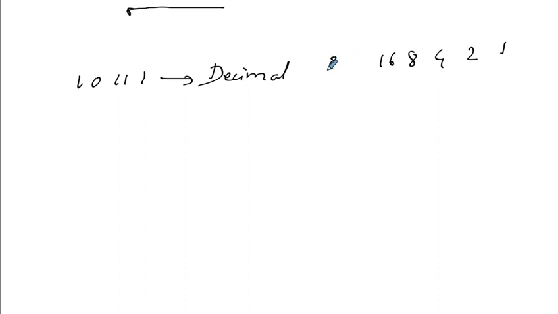You already know how to convert binary to decimal, but again I am telling you how to convert this into decimal without a calculation. See, the weights we need to write over the head of these digits. Weights start from 1 and we have to write them from right to left, that is 1, 2, 4, 8, 16, 32, 64, 128, 256, like that.